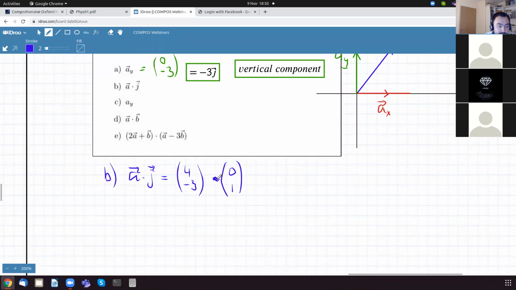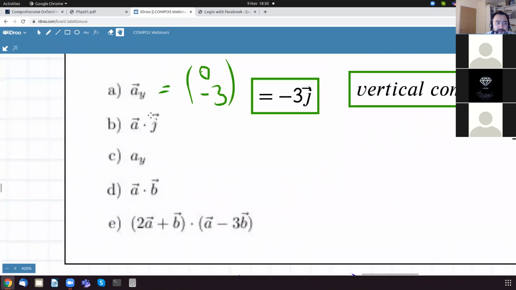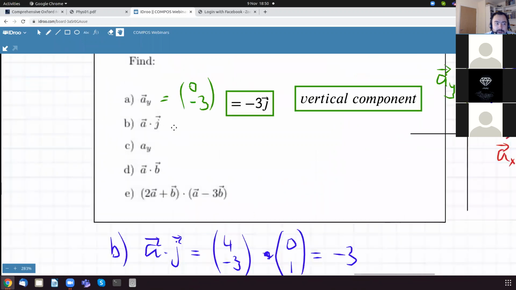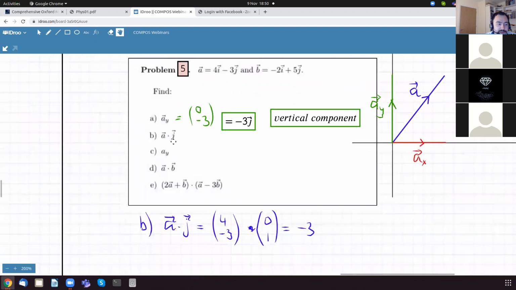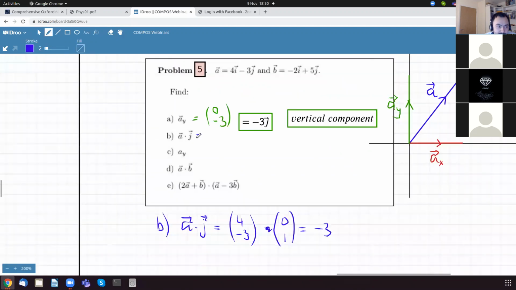By definition, we know j is (0, 1), and we use the dot product rule, and it's minus 3. Interesting. So actually, the coordinate of a vector is the dot product of the vector and the direction vector. That's an important result, and that's why I wanted to have this here. And this is minus 3.